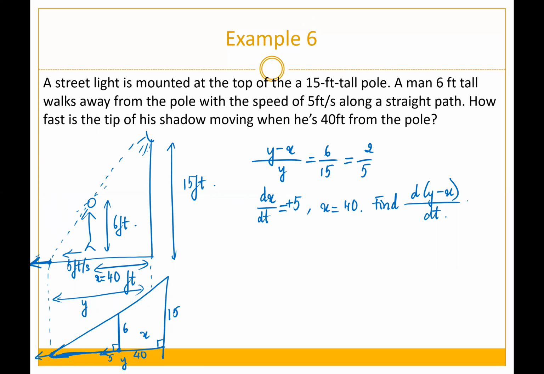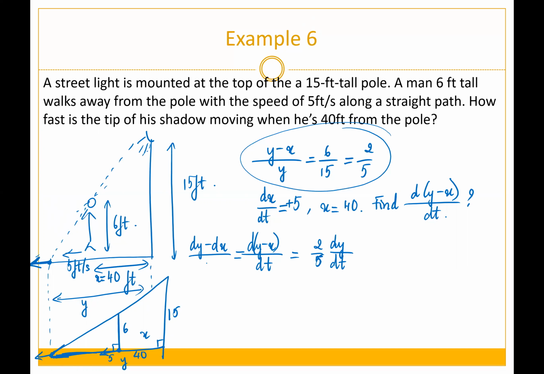So it can be a little complicated, but here we already have the key relationship. Therefore, if we take the derivative with respect to time, we have d of y minus x over dt is equal to 2 over 5 dy over dt. Now, very clearly, d of y minus x is equal to dy minus dx, divided by dt.